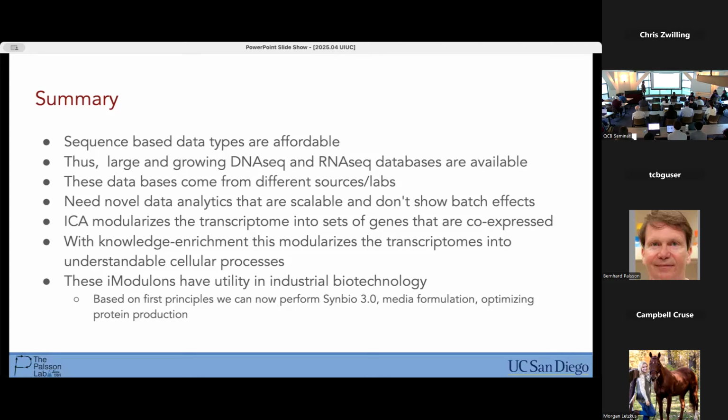But we now have large and growing DNA-seq and RNA-seq databases available. They're not going to shrink, they just keep on growing. And we've seen with every decade of increase in size of these databases, we learn something new that we didn't know about. For instance, at 10 to the 3, we get the allelome. So we get thousands of alleles of the same gene.